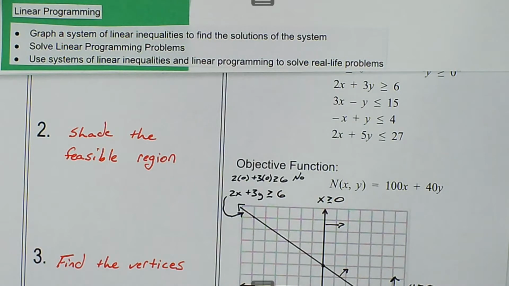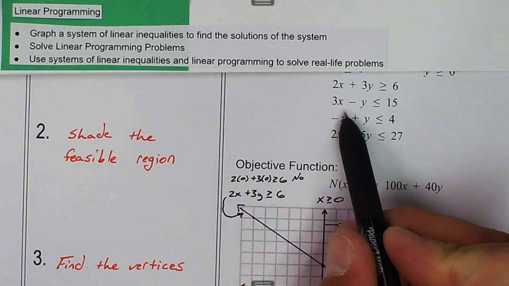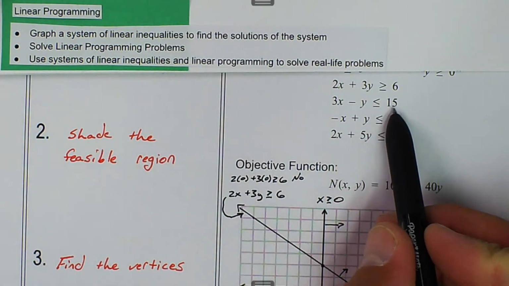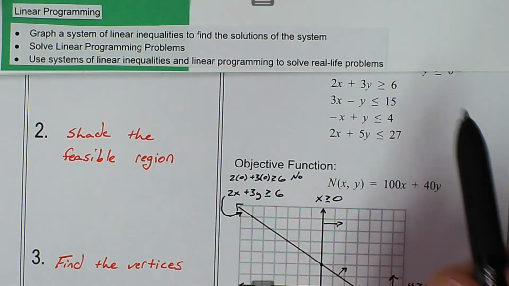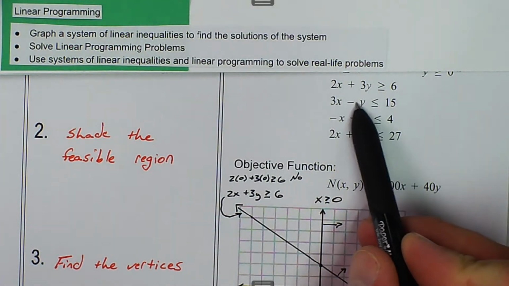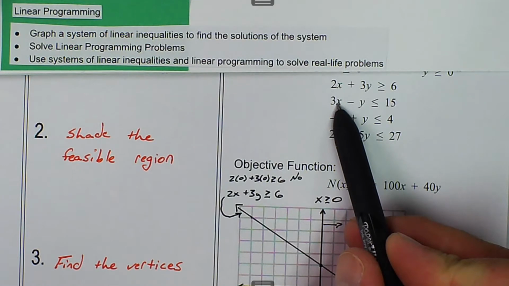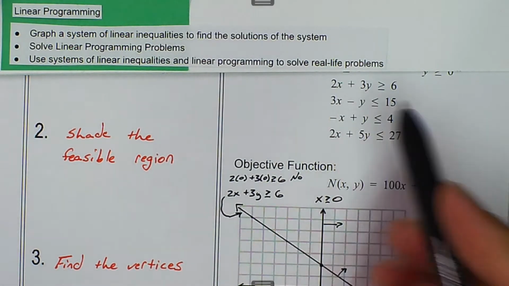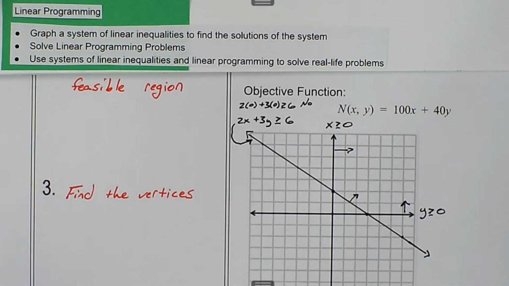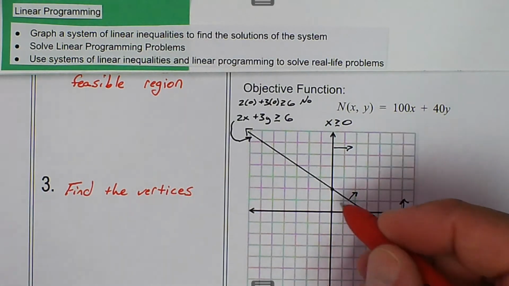Okay. The next one we can look at is 3x minus y is less than or equal to 15. So for that one, if y is 0, then x has to be 5. So we'll put our scale back on our graph.